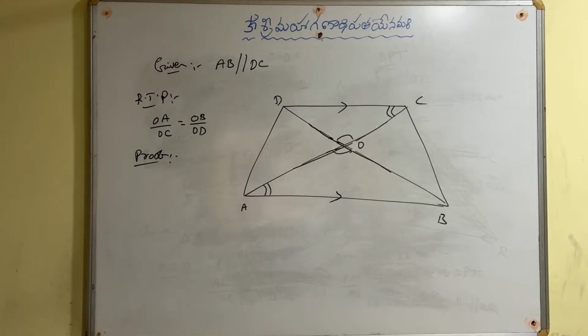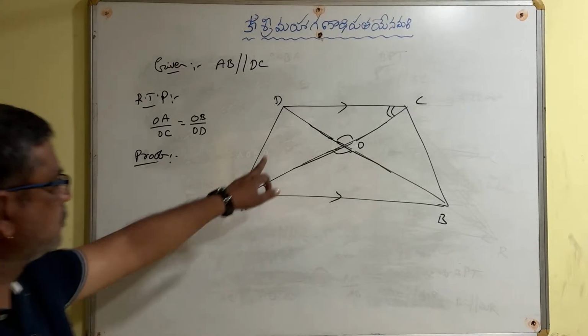Sir, we can take two triangles OAB, OAD, then it will be easier. How? Those are the same triangles. How can you say these two triangles are similar?